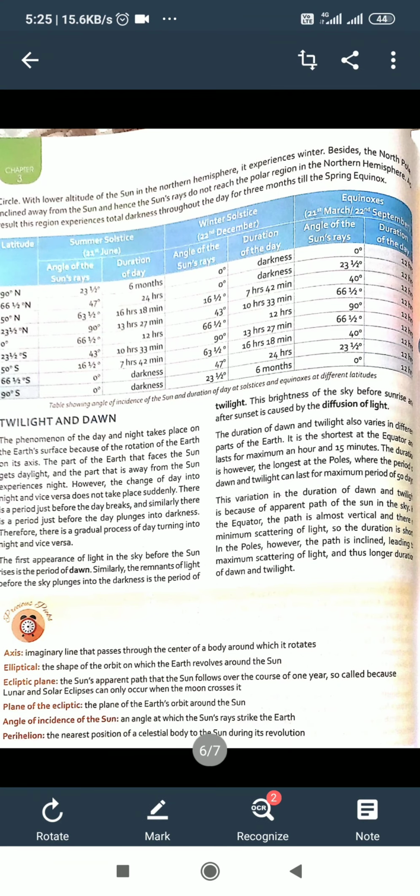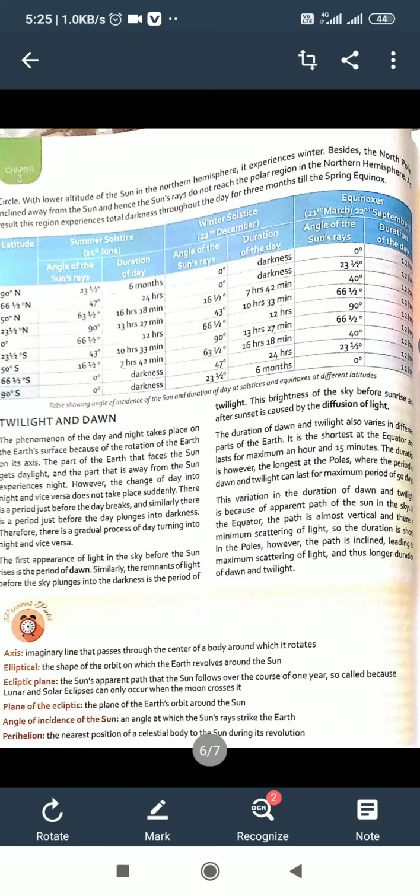Duration of twilight or dawn and dusk varies with latitude and season. It increases from the equator towards the pole. It depends on the path of the sun in the sky. The sun's path is almost vertical at low latitude near the equator, so the period of dawn and dusk is short because the sun rises or sinks below the horizon rapidly.